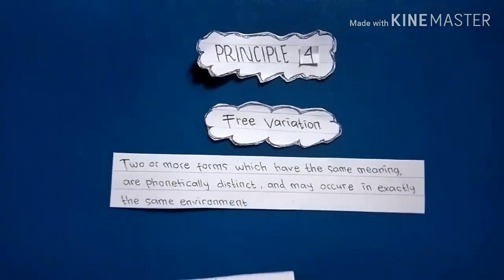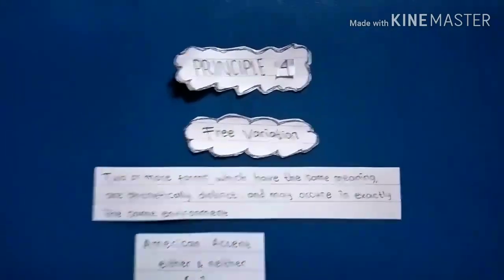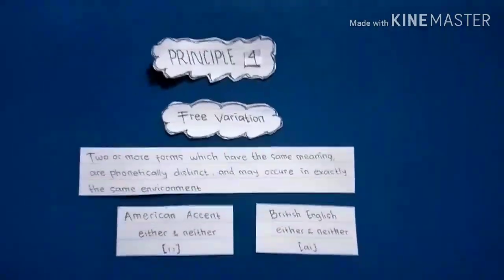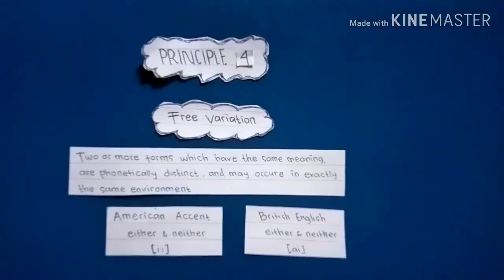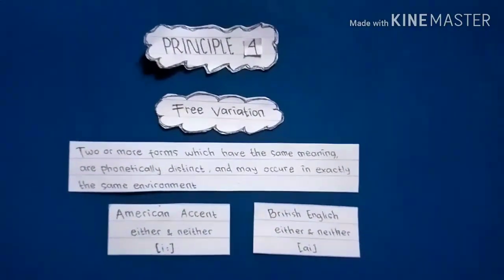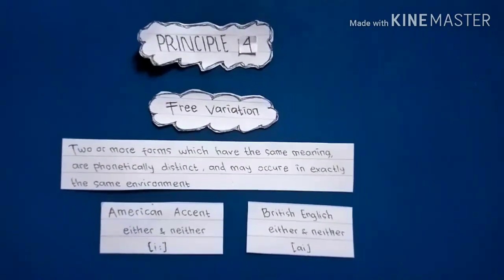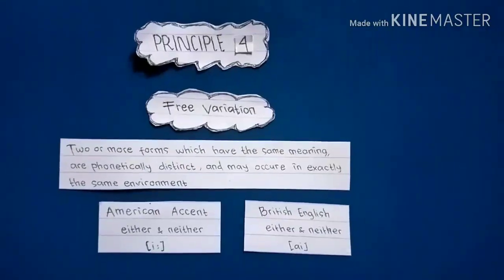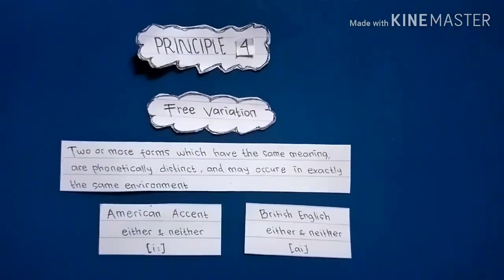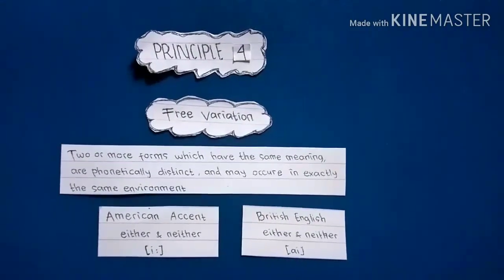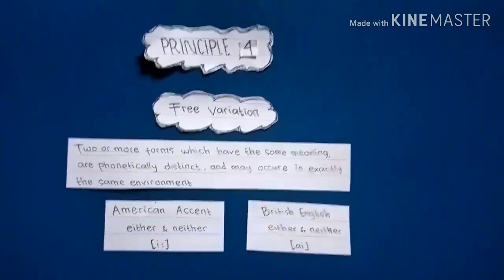For example, let's see American accent and British accent. Okay, here we have the same example. What makes it different is only the accent. Let's see American accent. They tend to use long I to pronounce either and neither. And then for British English, they tend to use I to pronounce either and neither.